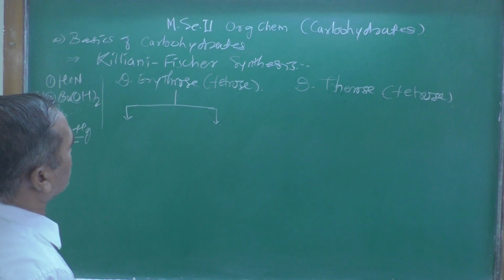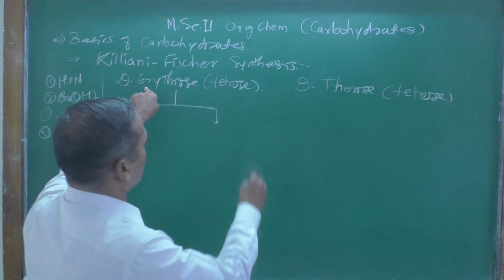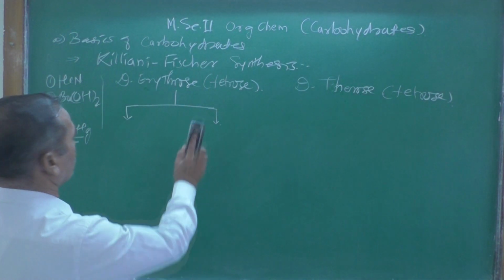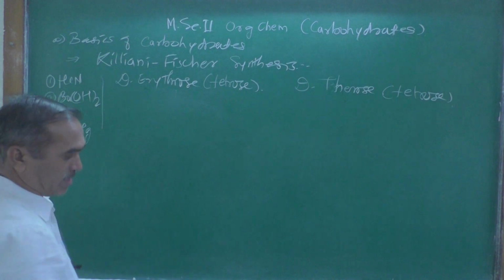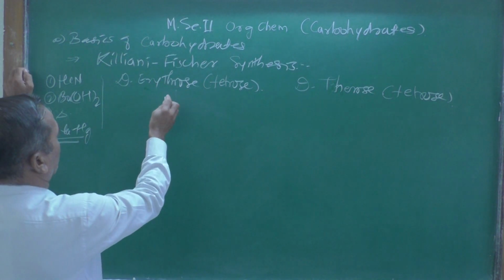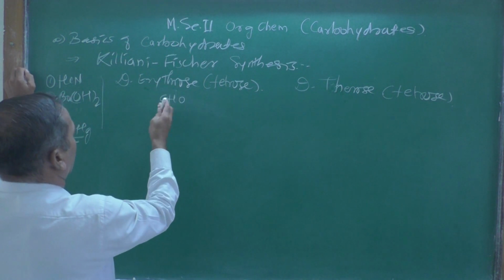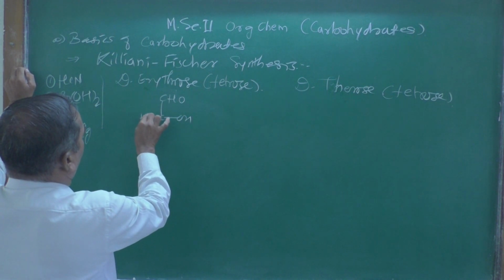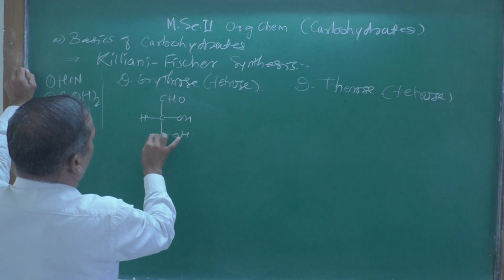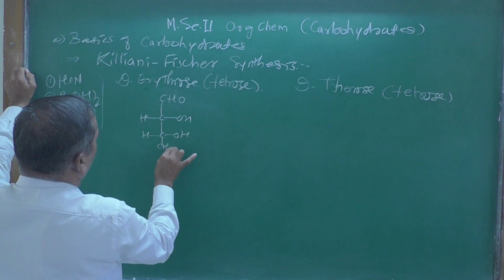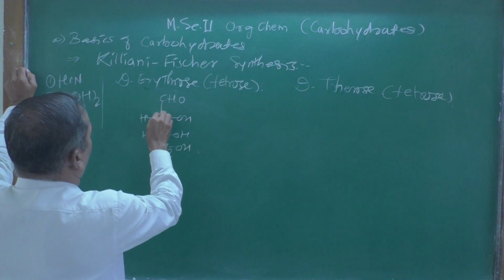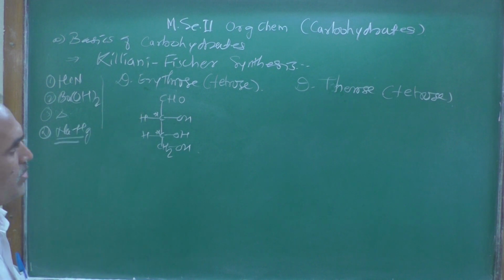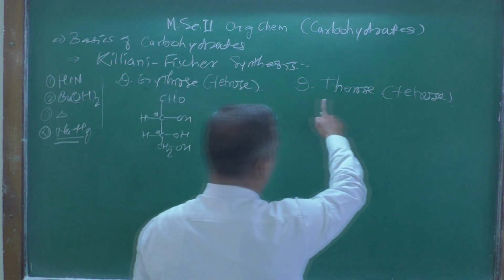Let me draw first the structure of erythrose. We know CHO, then C with OH, H, then C with OH, H, and then CH2OH. There are two chiral centers, and this is the structure of erythrose, and now the structure of threose.